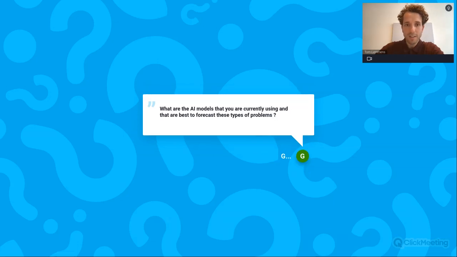So there's the killer question: what AI models are we using to forecast these types of problems? There's a couple of problems addressed, but typically, if we go to the time series forecasting case, I think it's a regression problem.